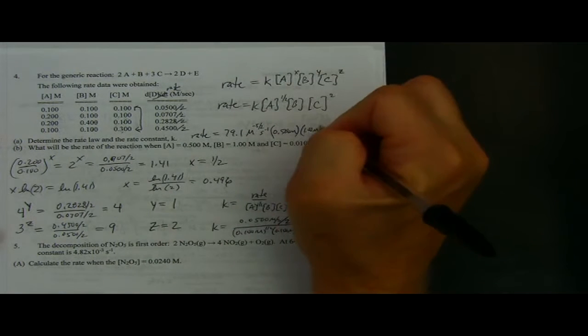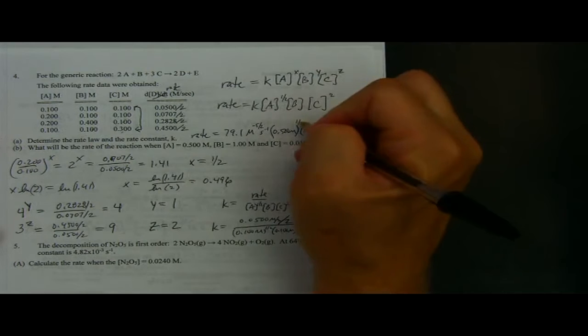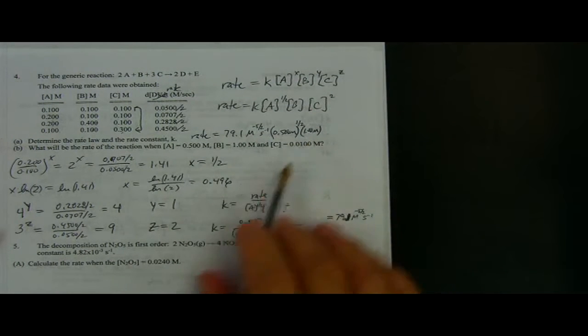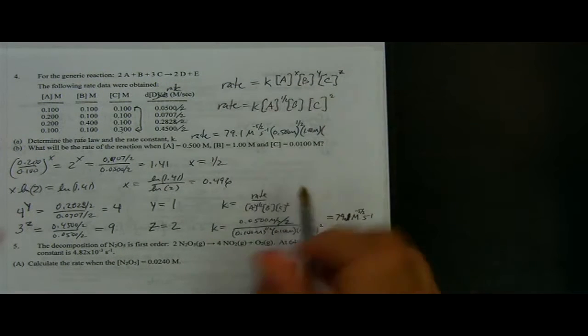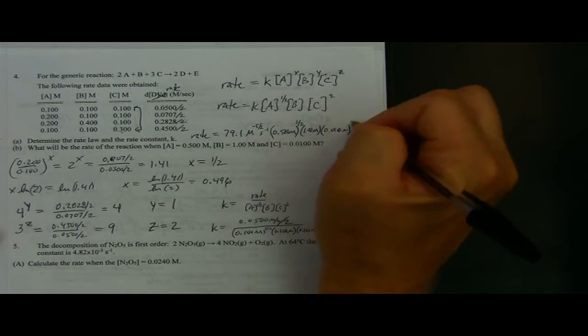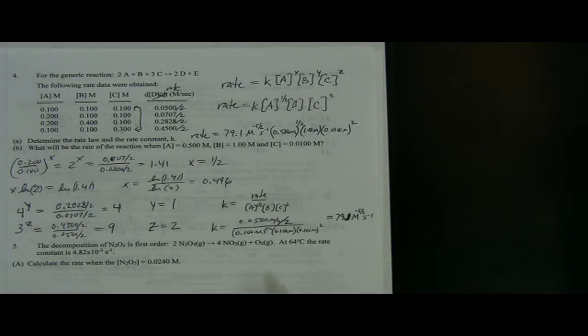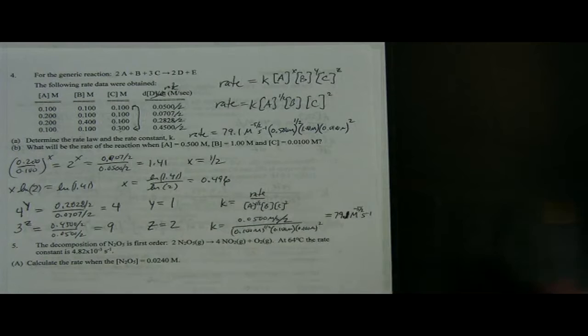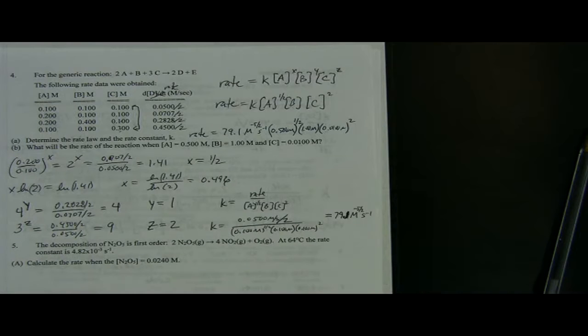Concentration of B is 1. Now that's the 1/2 power. That's the first power. And then C, I put in 0.01, and then I have to square that. Under these concentration conditions, that rate law will allow me to calculate what the rate is.